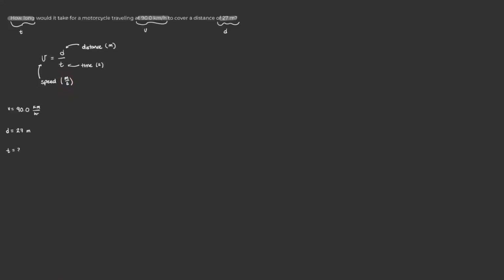So how do we convert this? I feel like a lot of students get confused when it comes to converting units. So I'm going to do a quick aside here and show you guys how to do it the easy way. This is the way I like to do it. And all it requires is for us to multiply.